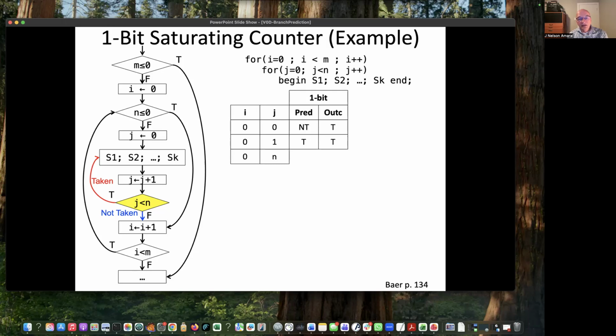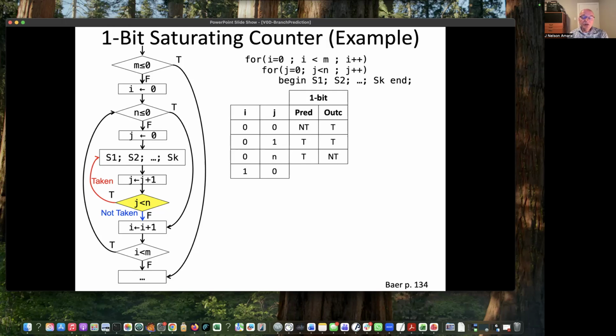Then I get to the last iteration of the inner loop. So now i is still 0 and j is equal to n. I'm still going to make a prediction of taken because my last outcome was taken, but my outcome will be not taken because I'm getting out of this loop. Next, I get to iteration 1 of loop i, and the first iteration of loop j in this round, where j is equal to 0.